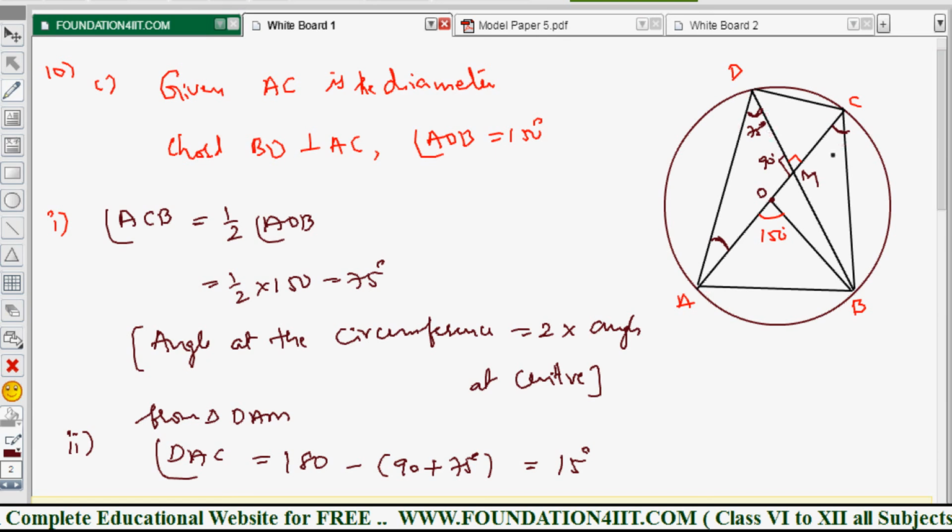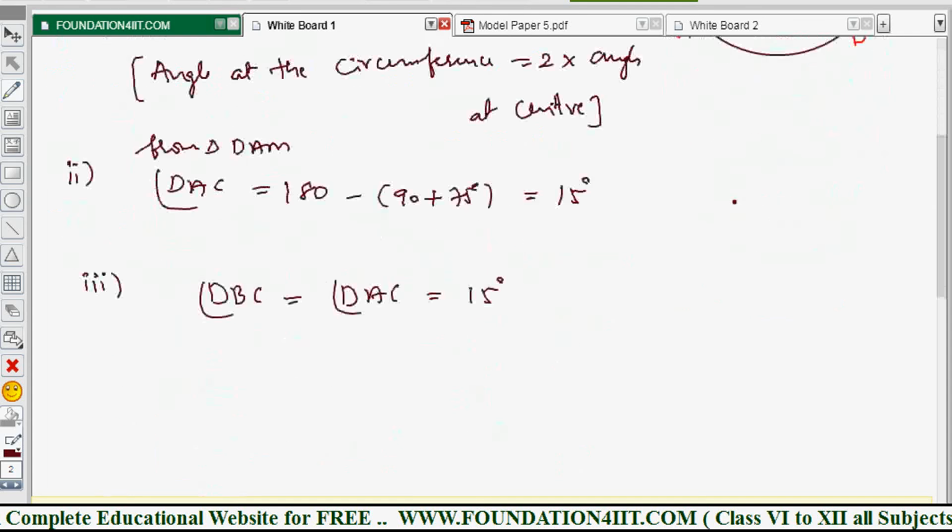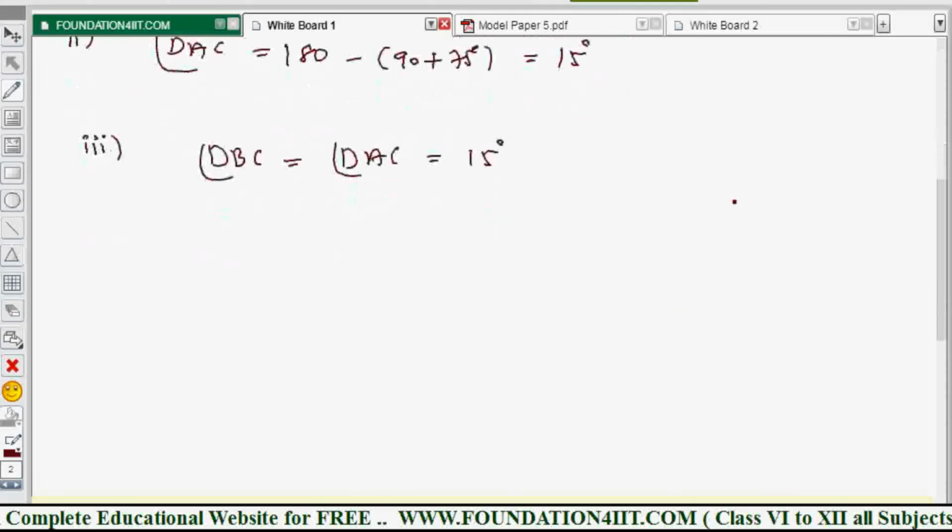So DAC and DBC. That is, angles subtended by the same arc in the same segment are equal. That rule applies for that. Then, you can take from the same. And angle ADC is already 90 degrees.